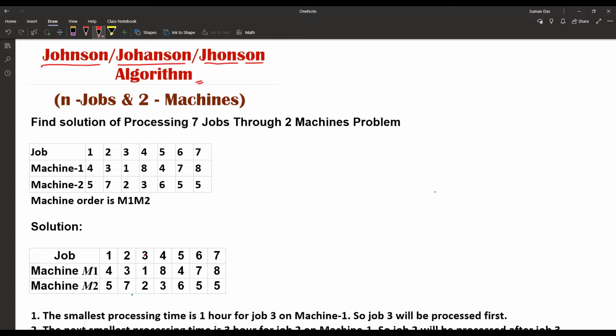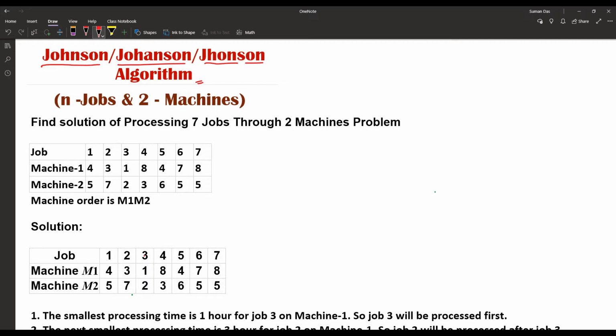Today we are not discussing the algorithm, we are directly going to the problem from that video, and we are using another method today, and we will find whether the result is unique or not, because here the job sequencing is changing. At first we will proceed the way we already discussed in that video.